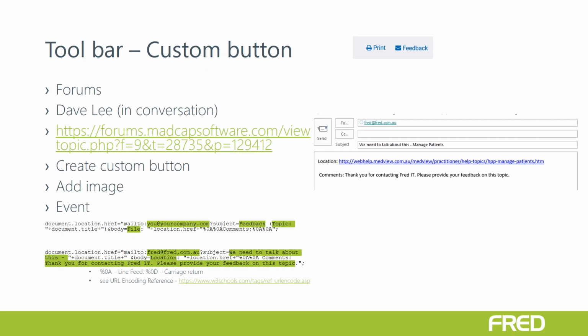The subject line is pre-filled with the title of the topic. I think it picks up the H1, and the location is the web address of the published topic, and then the rest is entirely up to you for commenting or for bringing attention to an issue with the topic. Now I've put the code on the slide, and what I've highlighted is all the places where we've removed the standard entries and replaced them with our own.